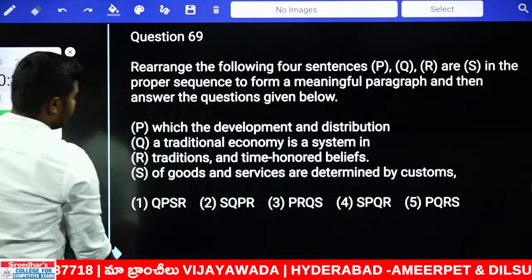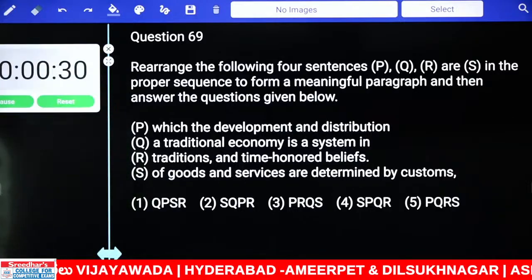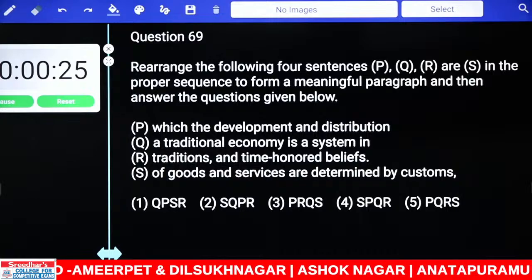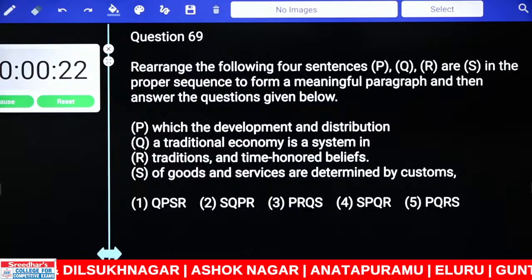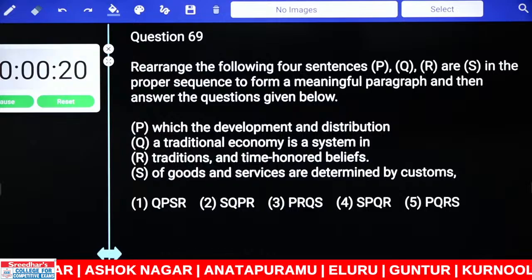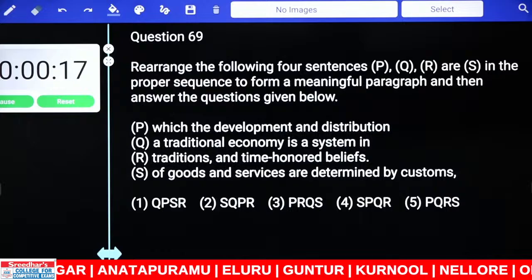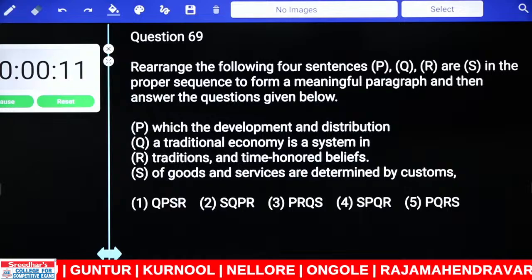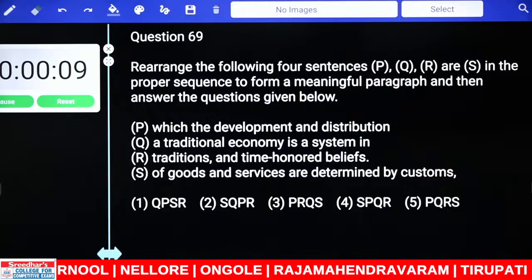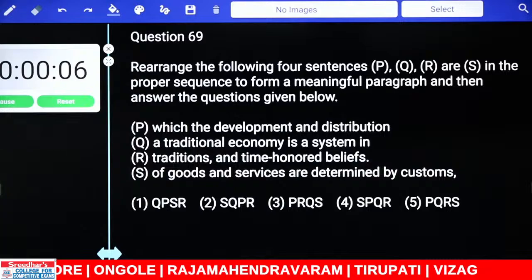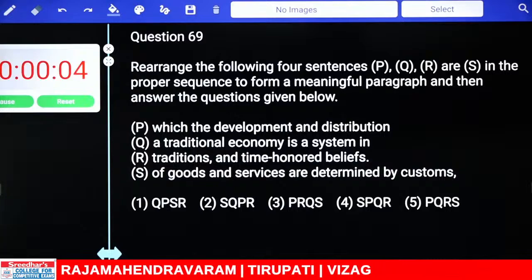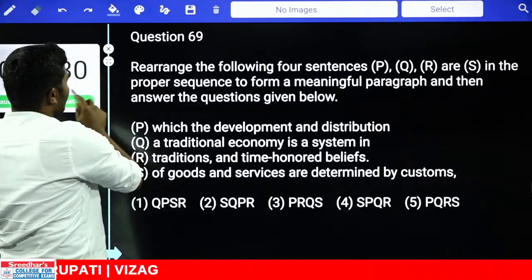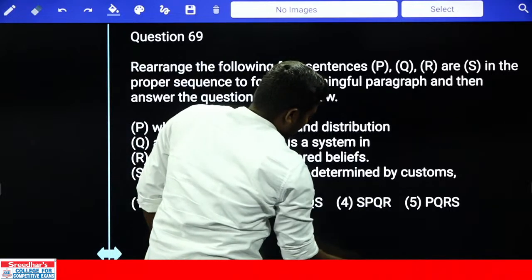Next, let's go for 69. Start your answers. Right, we can learn multiple things from this question actually.